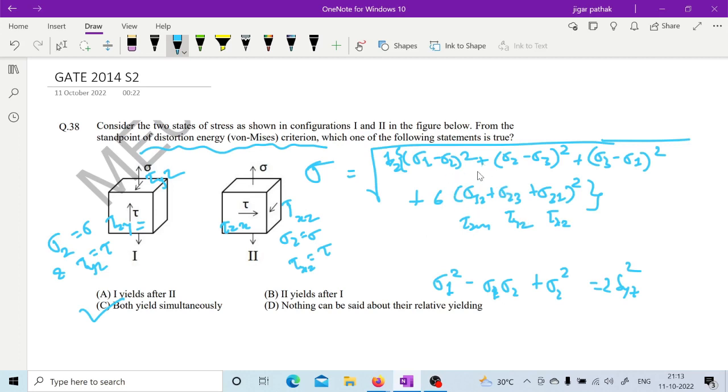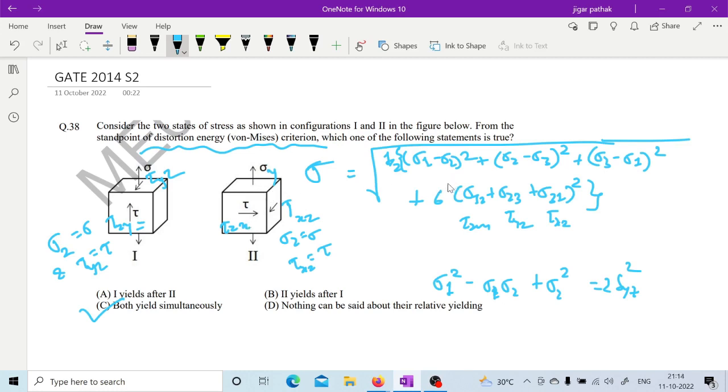But sir, sigma 1, sigma 2, sigma 3 are maximum principal stresses, and where there is maximum principal stress there is no shear stress. Sorry, sir, since sigma 1, sigma 2 and sigma 3 are maximum principal stresses. Actually here it is sigma x minus sigma y, sigma y minus sigma z and sigma z minus sigma x, right? It may not be the principal stress in this case.